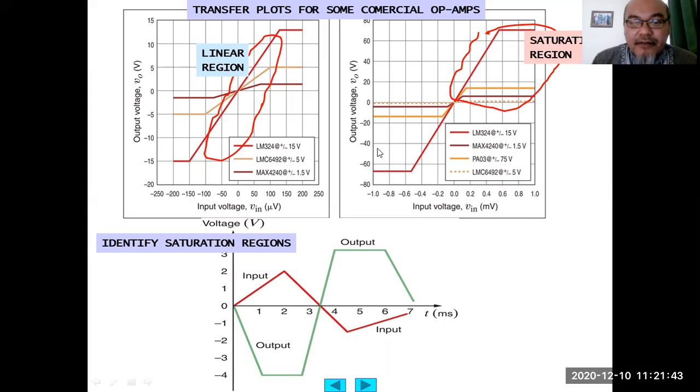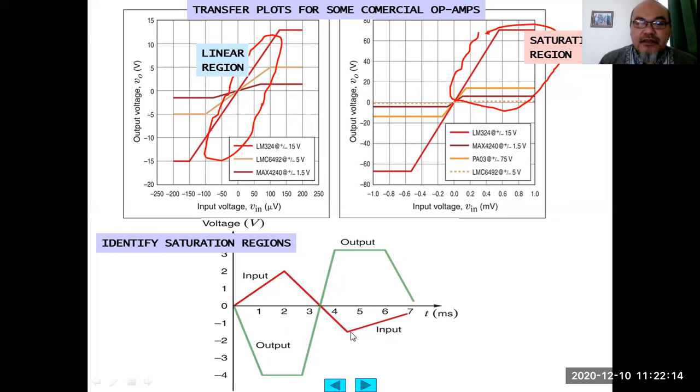So, for example, here, identify the saturation region. The saturation region is where the output doesn't change with the change of the input. So here, when the input is already above 1 volt, there is no further change; it will be just minus 4 volts output voltage. Below 1 volt, it changes again.